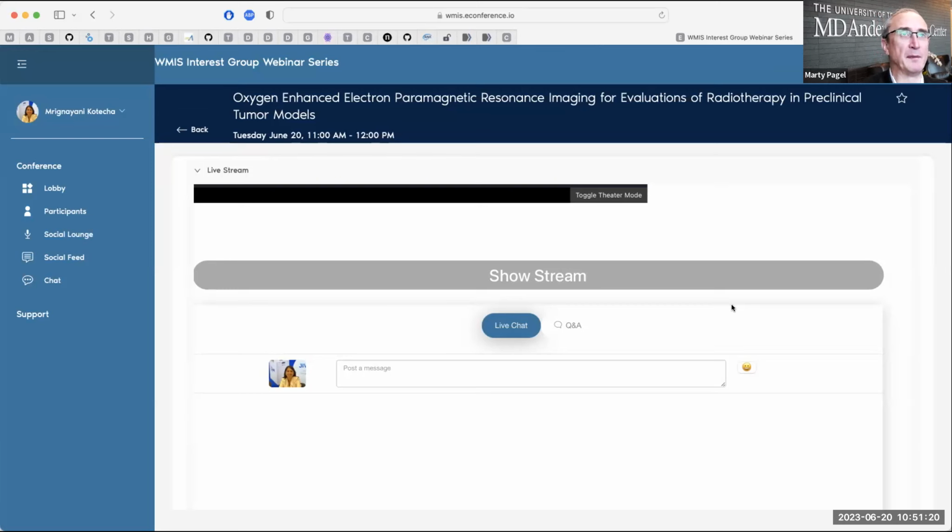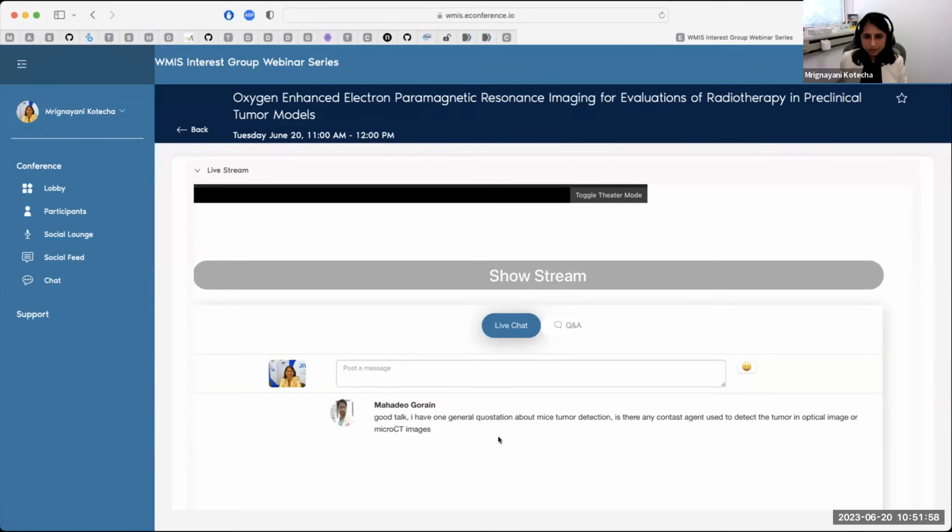It's only when we look at the effects of radiotherapy or immunotherapy that sometimes we want to see this delta PO2. And to be fair, I should point out that we did not invent the idea of oxygen-enhanced imaging. Many years of research have gone into that for MRI and also photoacoustic imaging, the MSOT method. I'd like to give others a lot of credit, in particular Ralph Mason, who has done that with MRI and MSOT for many years. We just repurposed that idea for EPR imaging, and it works extremely well because EPR measures PO2.